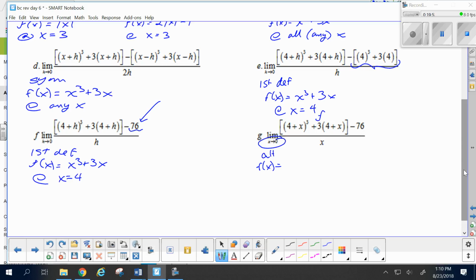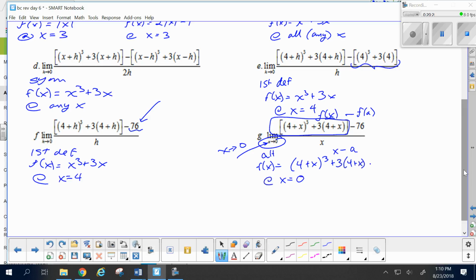So here, f of x minus f of a over x minus a. Now with that, what's f of x? F of x is 4 plus x cubed plus 3 times 4 plus x. And at x equal what? What value are we approaching? X approaches 0.